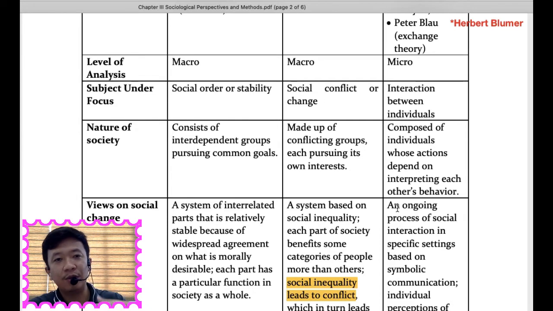Dahil nawawala na tayo doon sa traditional na pamamaraan ng pamumuhay where we are collective in orientation, we value one another, no? Talagang we are the same in terms of values. Ngayon, magkakaiba na tayo. May specialization na, may differentiation na, iba-iba na yung ginagawa natin, therefore iba-iba na rin yung vina-value natin.